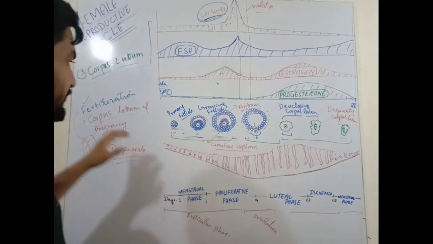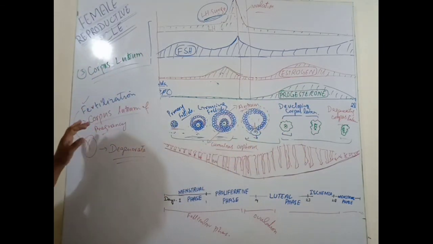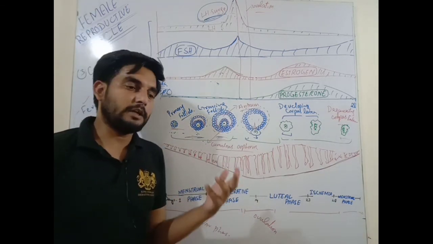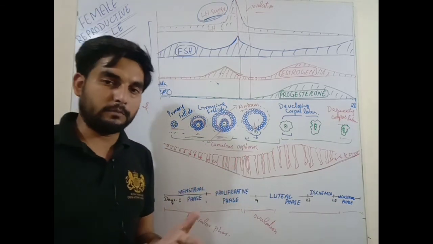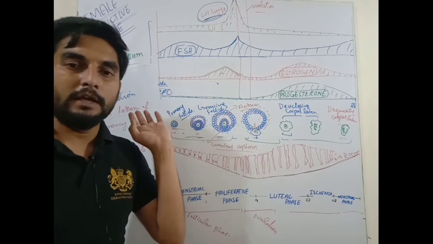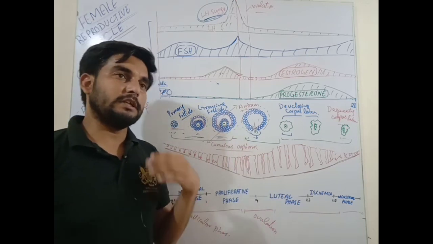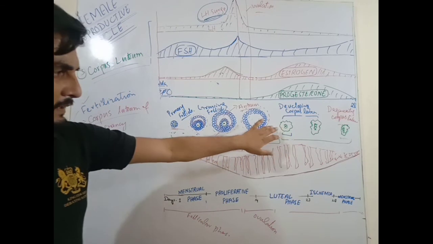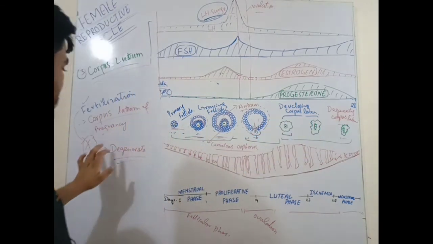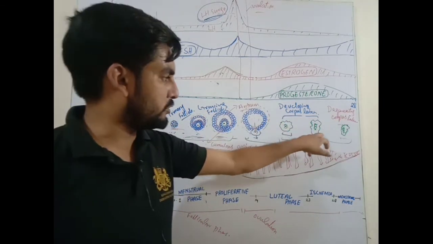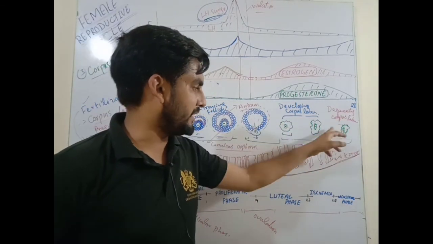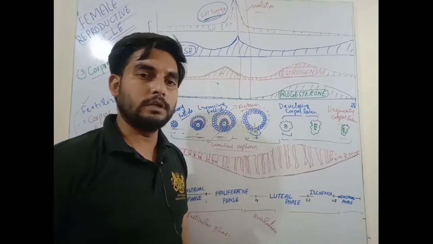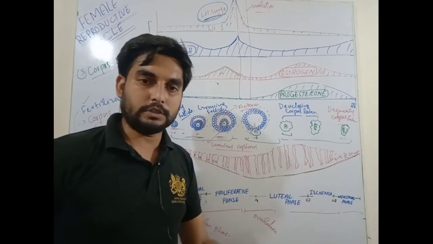If fertilization occurs, the corpus luteum is going to form the corpus luteum of pregnancy. The corpus luteum secretes hormones, mainly progesterone. Progesterone hormone is crucial in maintaining pregnancy. If fertilization does not occur, then the corpus luteum is going to be degraded, and then it is excreted out along with the menstrual excreta, etc.